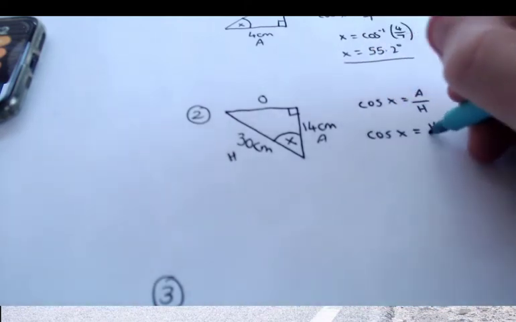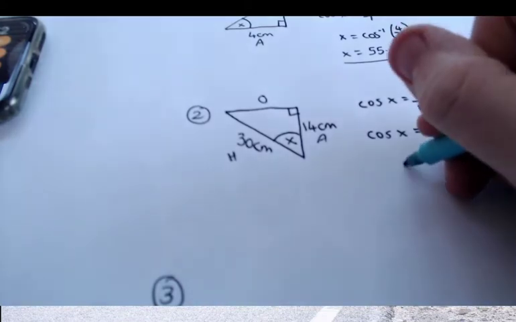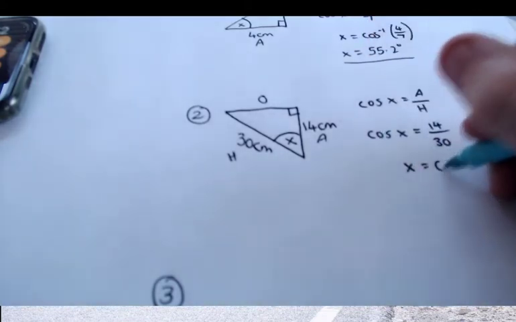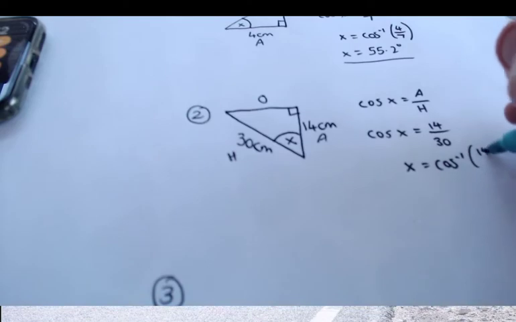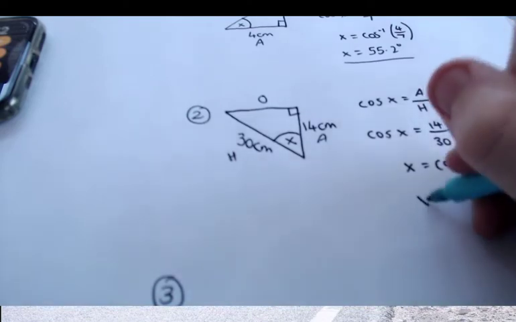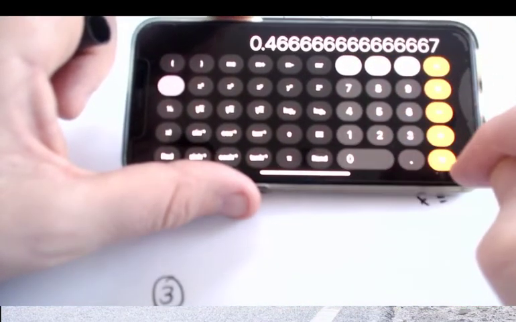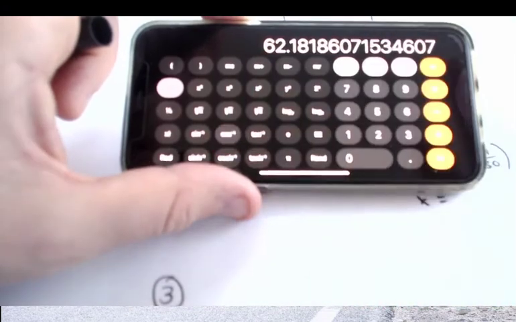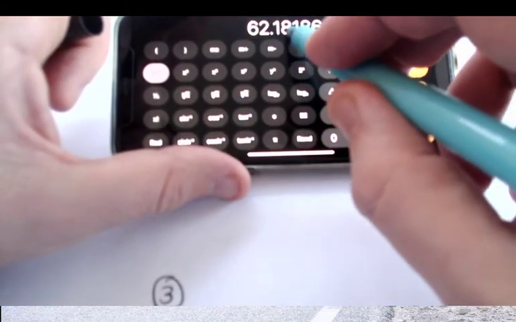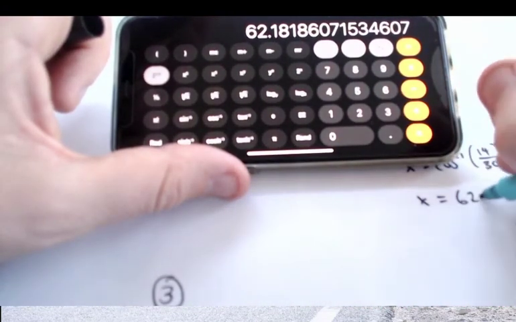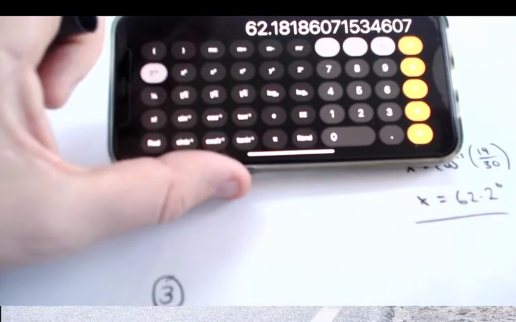Cos x is 14 over 30. I'm now going to get what x equals, so I need to do the opposite of cos, which is inverse cos 14 over 30. Go to my calculator. 14 divided by 30, and then I'm going to inverse cos that. 62.18, so the 8 rounds the 1 up, so 62.2 degrees.